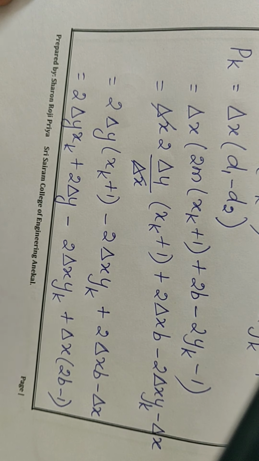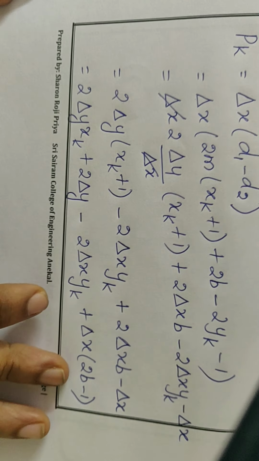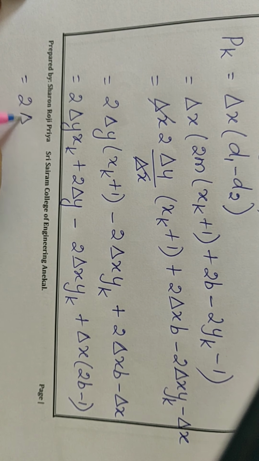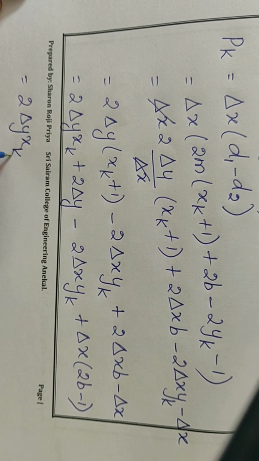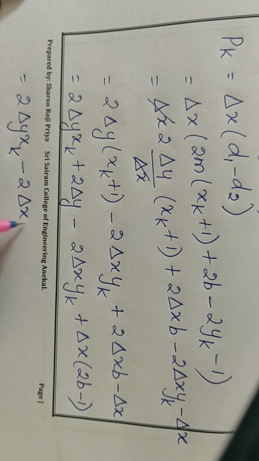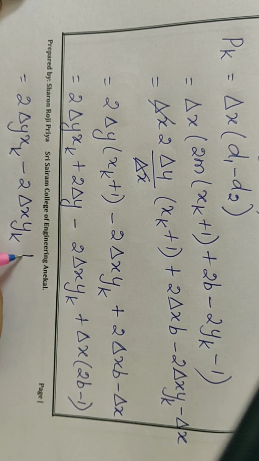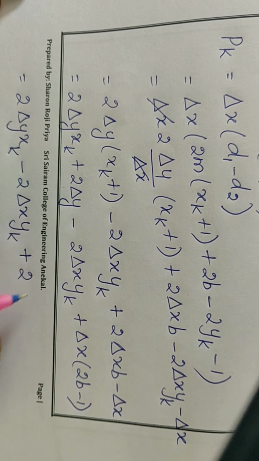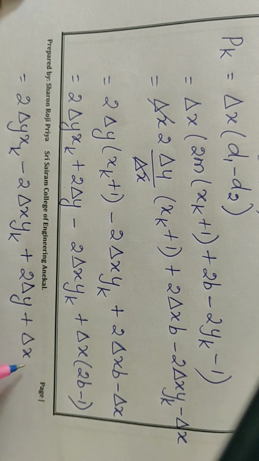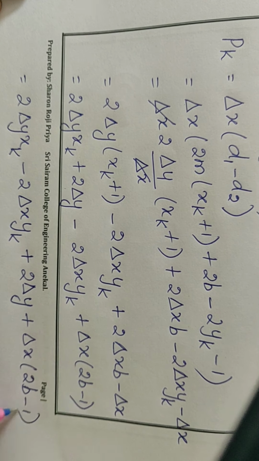Now group it. So it is 2 delta y xk. Next write the yk values, 2 delta x yk. Remaining is 2 delta y plus delta x times 2b minus 1.